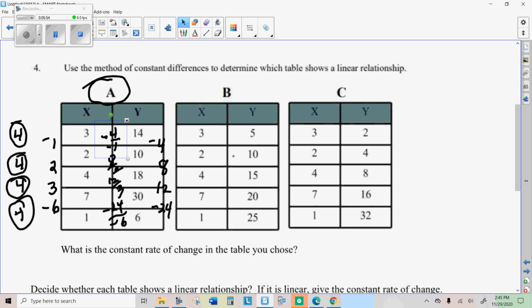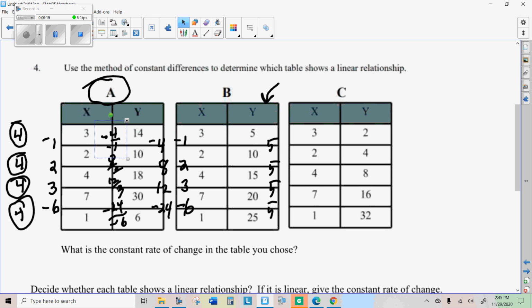Now just to show you that these are not linear, like if you check out the difference in the y's here, you'll see that 10 minus 5 is 5, right? 15 minus 10 is 5. These are all 5. That's starting to look linear, but 2 minus 3 is negative 1. 4 minus 2 is 2. 7 minus 4 is 3. 1 minus 7 is negative 6.